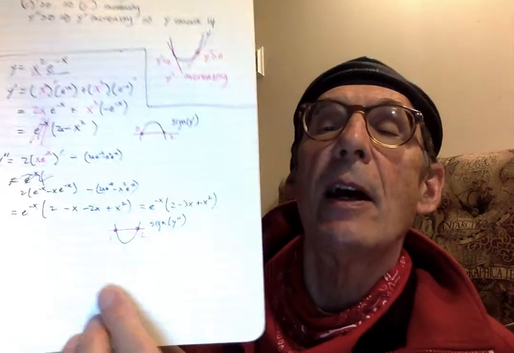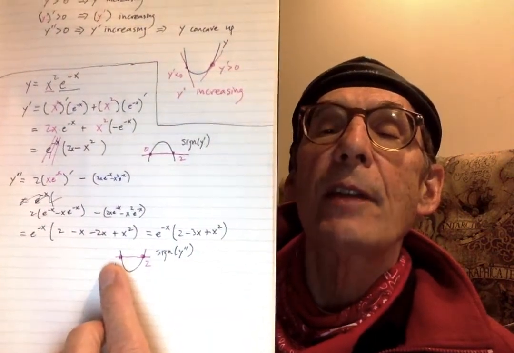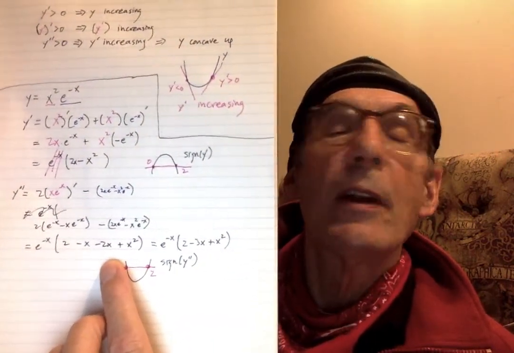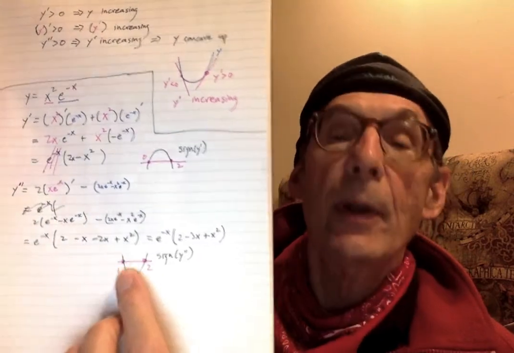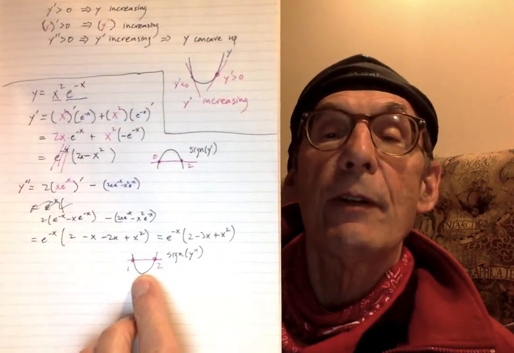Its roots are at 1 and 2. And I really don't care about anything else about the parabola other than its sign. So the signs of the second derivative start off positive. That means the function's concave up. Then the sign of the second derivative is negative.